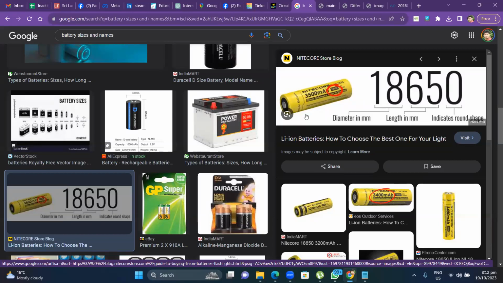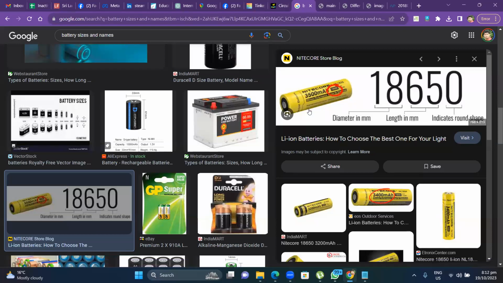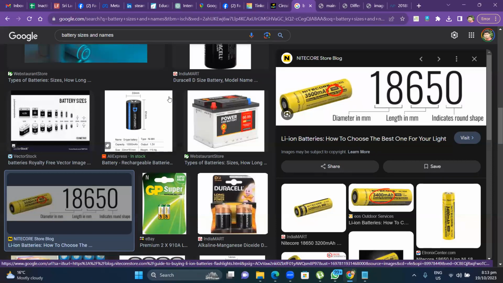But if you are powering an Arduino board or something, mostly we are using this kind of batteries, these 18650 batteries. This is mainly used for Arduino boards, because these batteries are rechargeable. But you can even use AA or AAA batteries. That is also possible. Few AA batteries can also be used.